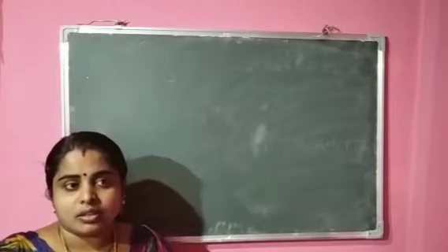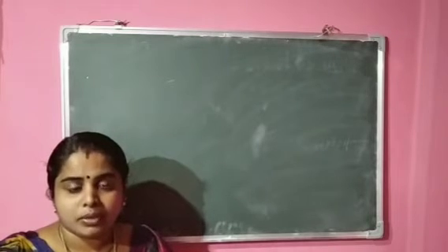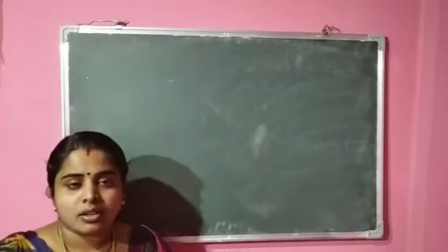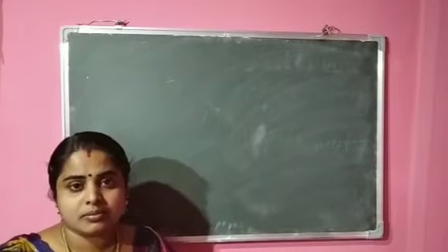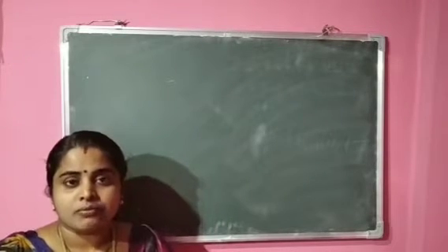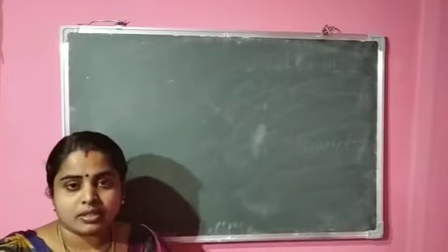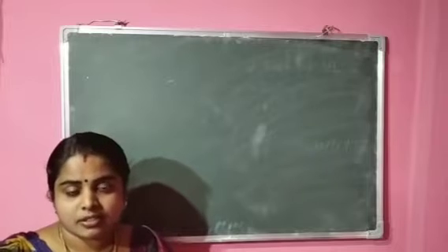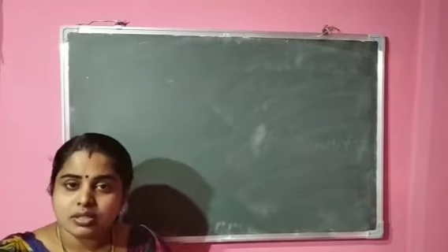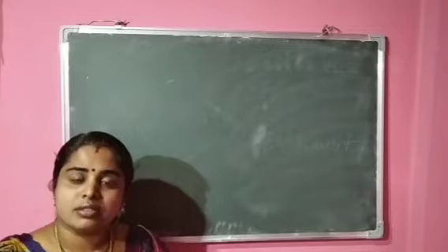And the principle behind this electric motor is, when we place a current carrying conductor in a magnetic field, a force is developed on the conductor. That means the conductor starts to move in the magnetic field. This is the working principle of electric motor.